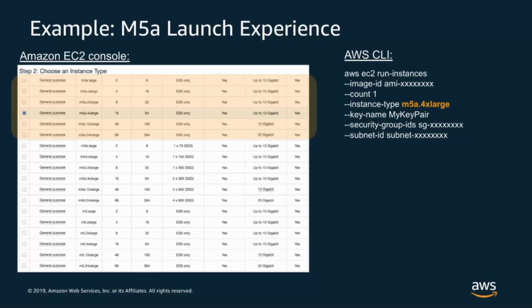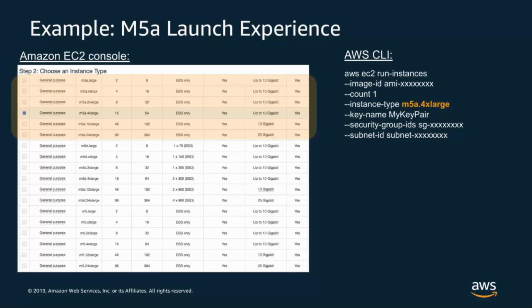They're followed by the M5d large to 24x large and M5 large to M5 24x large. So the only difference here is you would select the one that has an A on it. And you can see a lot of the other specifications, from the number of vCPUs, the amount of memory, the support for EBS, for example, are going to be very similar as you evaluate this instance type.